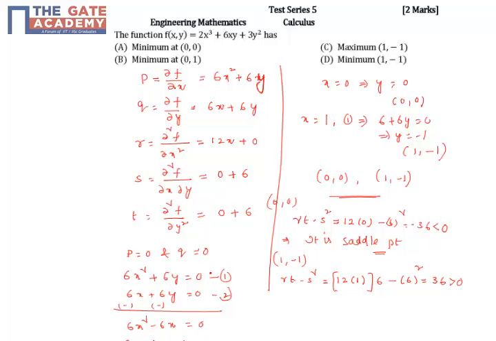So whenever you have RT minus S square greater than 0, that means it has a minimum value. So 1 comma minus 1 is a stationary point which has a minimum value. So from the given options, the answer is D.